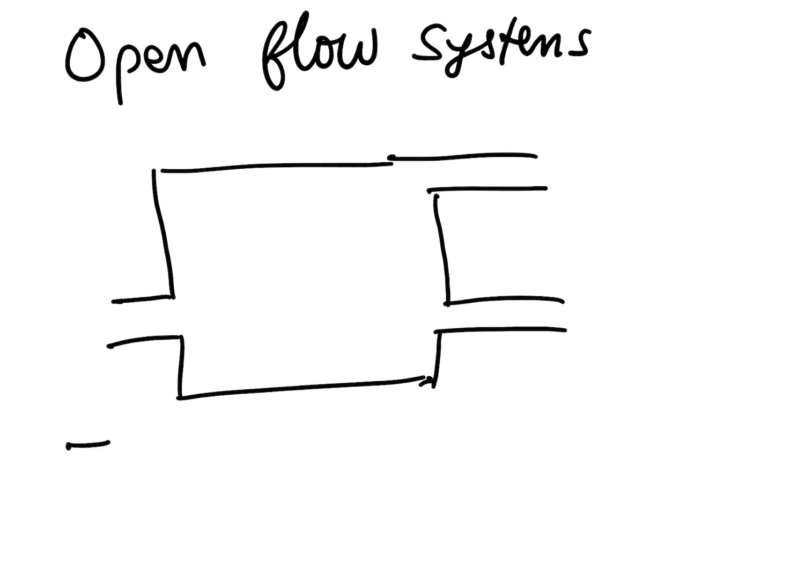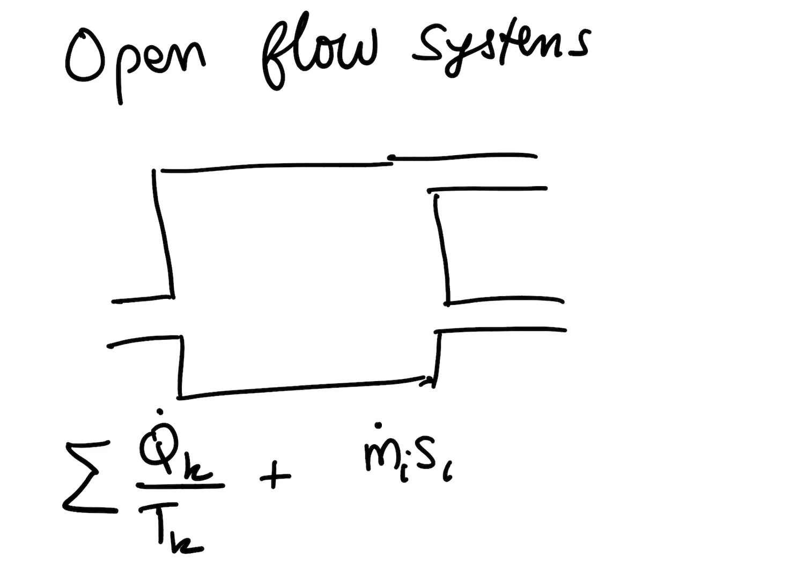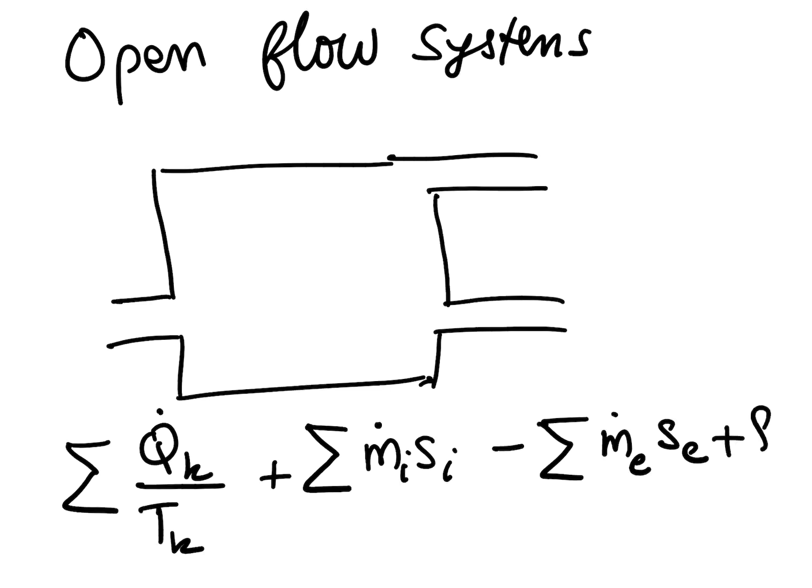So in this case, Qk dot divided by Tk plus m dot times Si, the inlet flow times the entropy at the inlet state, minus the outlet flow times the entropy at the outlet state, plus Sgen equals S2 minus S1 for the control volume, divided by dt.